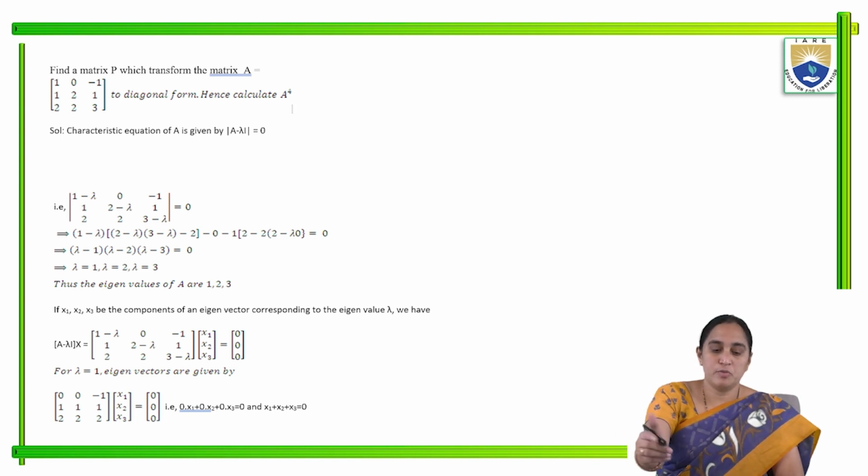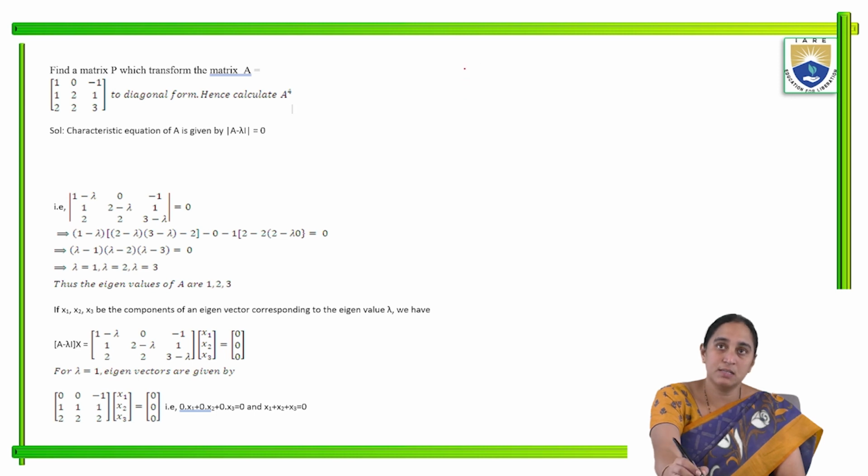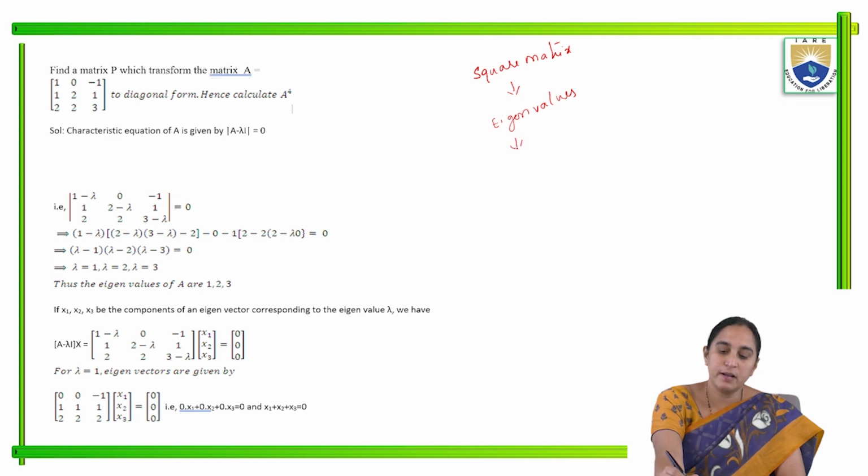First of all, we have to verify that the given matrix is a square matrix. After that, for the square matrix, we have to find the eigenvalues, and after that the eigenvectors.